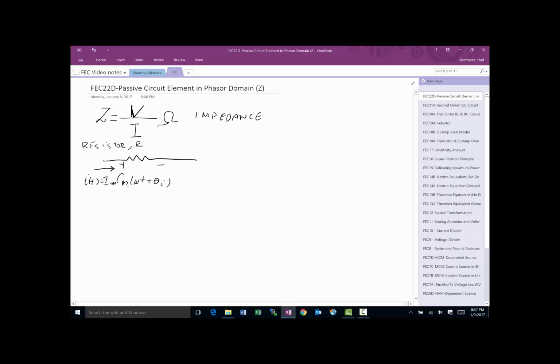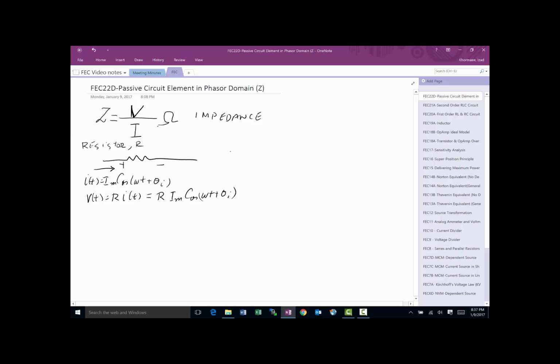In time domain, yes, Ohm's law always applies. So V of t is R times I of t, which is R Im cosine of omega t plus theta I.